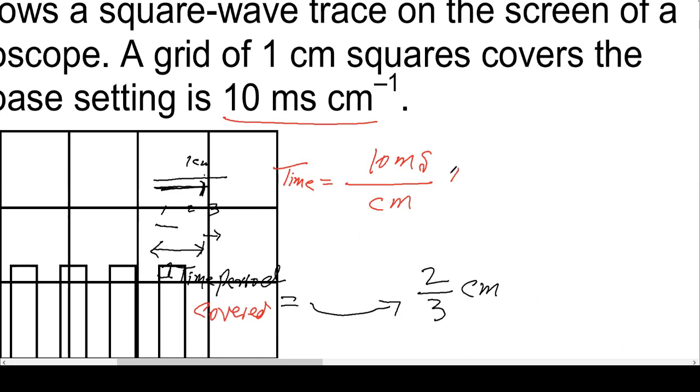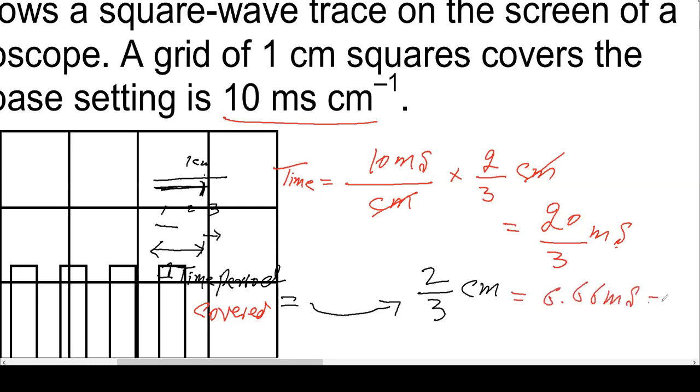If I multiply by 2 divided by 3 centimeter, the centimeter cancels out, and 2 times 10 is 20 milliseconds divided by 3. Using the calculator, 20 divided by 3 is equal to 6.66 milliseconds. That's equal to one time period.